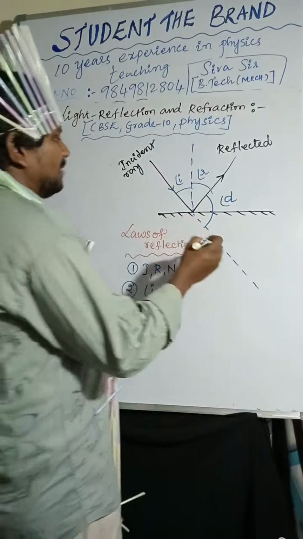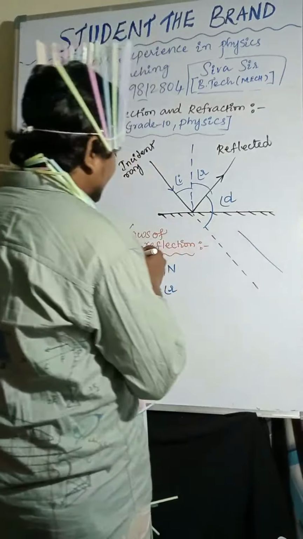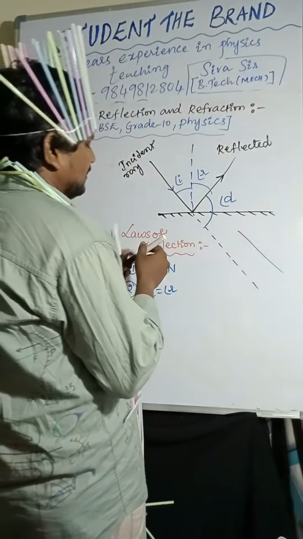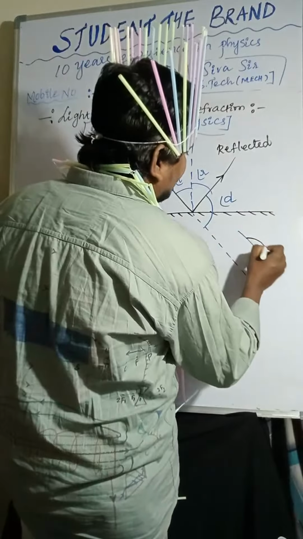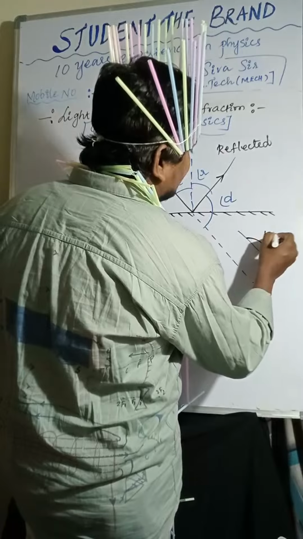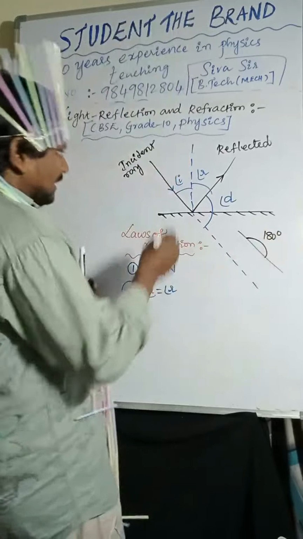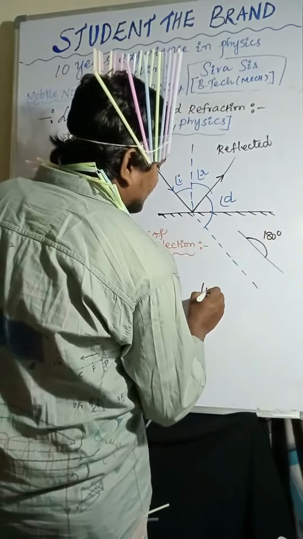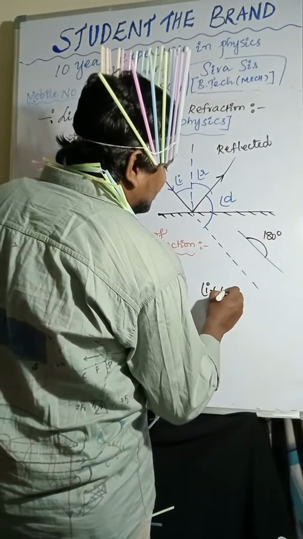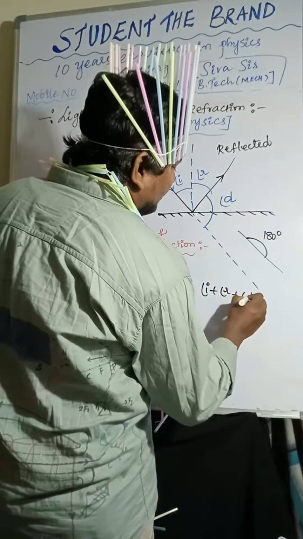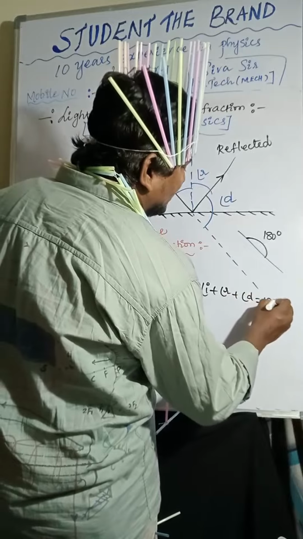Taking this angle, it is 180 degrees. That is, angle of incidence plus angle of reflection plus angle of deviation equals 180 degrees.